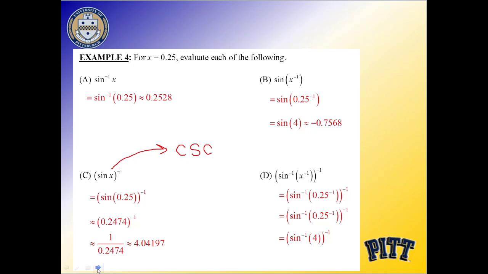Well, when I do the arc sine of 4, I'm looking for an angle that has a sine value of 4. If you remember anything about the sine function itself, it always fluctuates between -1 and 1. It's a ratio, the opposite leg over the hypotenuse, and that can only possibly be 1 at the greatest.